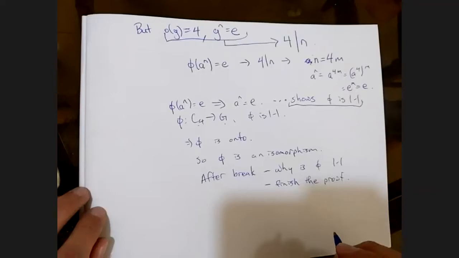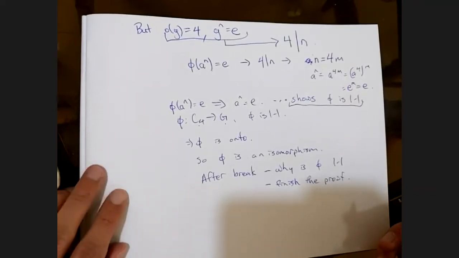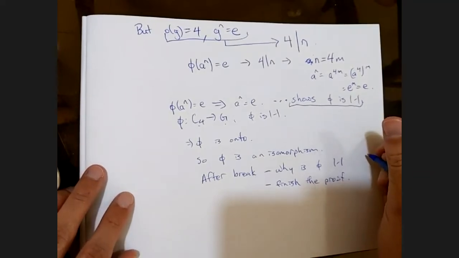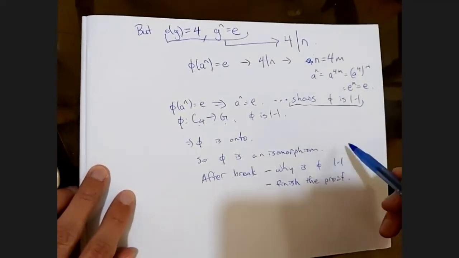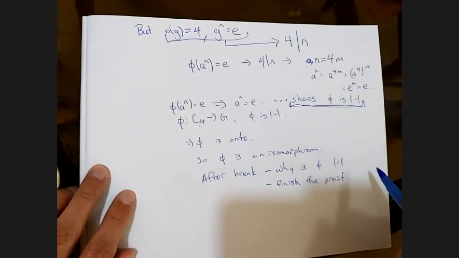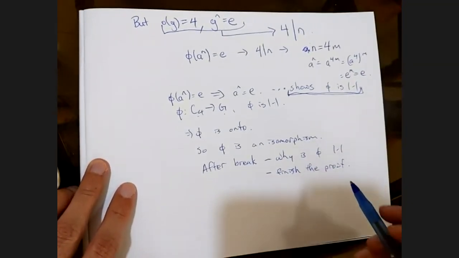Right, so let's get back to it. We've shown that G is isomorphic to C4 as long as we fill this gap. So let's fill that gap right now.